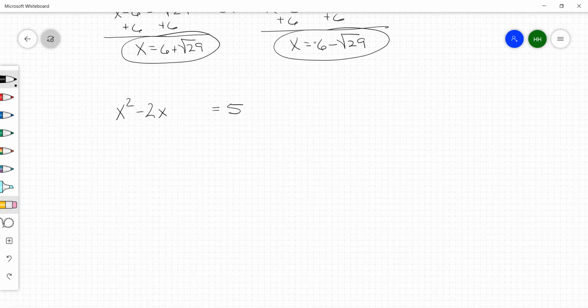So we're going to complete the square here. We're going to take half of the middle term, and we're going to square it. We're going to add it to both sides. So half of -2 is -1. And -1 squared is +1. So if we add a +1 to the left, we add a +1 to the right.